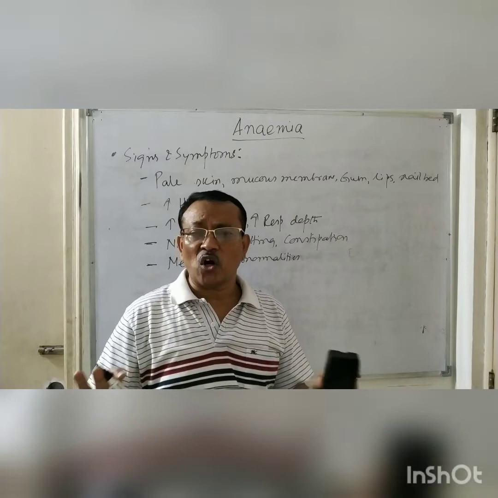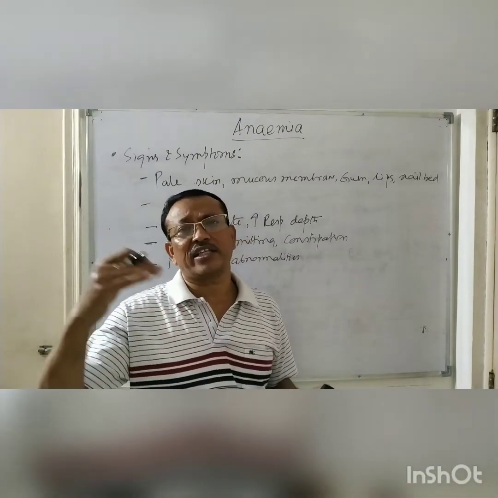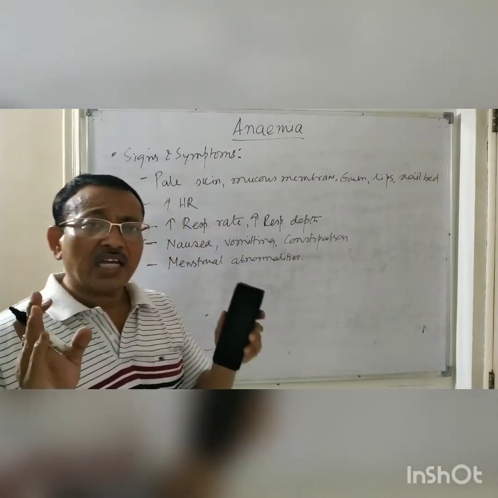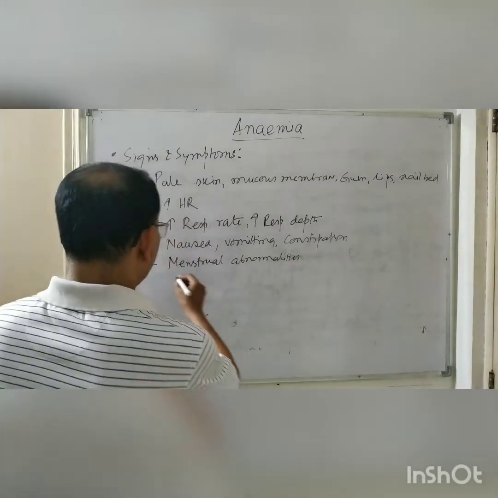If anemia is not the case for this menstrual abnormality, then the doctor treats the person accordingly. So anemia can also result in menstrual abnormality in women.